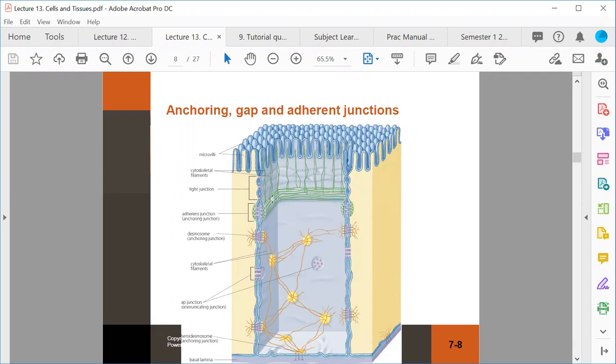So these green fibres that we can see here, these are filaments of the cytoskeleton, and then these brown fibres that are connecting junctions to the inside of the cell, they are also components of the cytoskeleton. All right, and at the bottom here, we have one type of extracellular matrix, which is called the basal lamina.